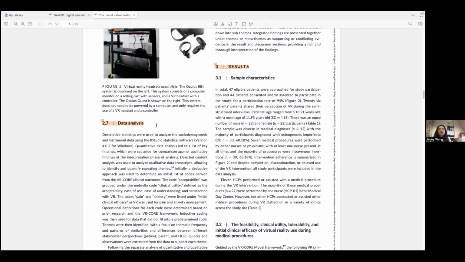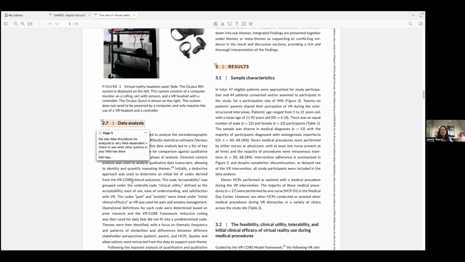Okay, so now we'll go on to data analysis. We're still in the method section. This is again your most important section when you're reading and evaluating a research article. I won't go too deep into the data analysis because the way that data should or can be analyzed is very field dependent. It'll change if you're in psychology versus wet labs, and I don't know wet labs as well, so I'm not going to go too far into this. Just check to see what other authors in your field have done and how they've analyzed data.